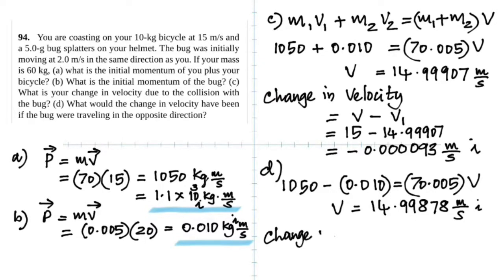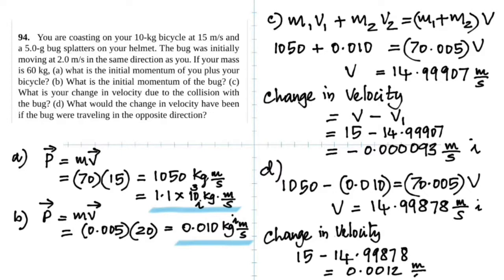Therefore the change would be that number minus 15 actually, which will give you a negative 0.0012. So it should be reversed, that number minus 15, and then that will give you negative.